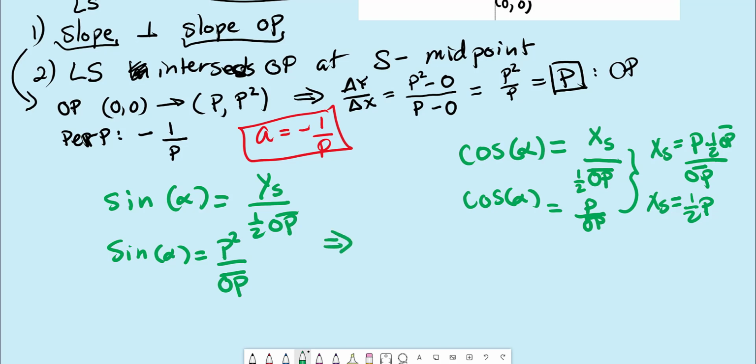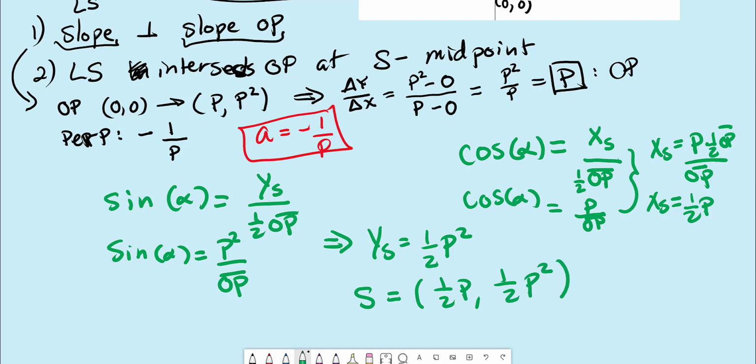Again, if we compare these two, we find that YS equals half of P squared. So now for the point S, we can say that it's at half P and half P squared.